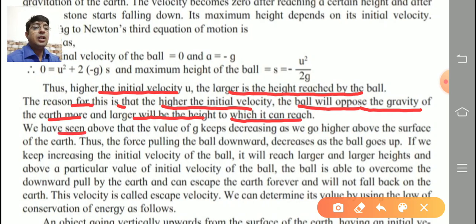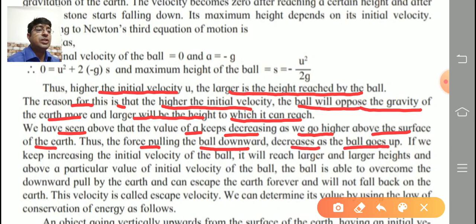We have seen above that the value of small g keeps decreasing as we go higher above the surface of the earth. Thus, the force pulling the ball downward decreases as the ball goes up.